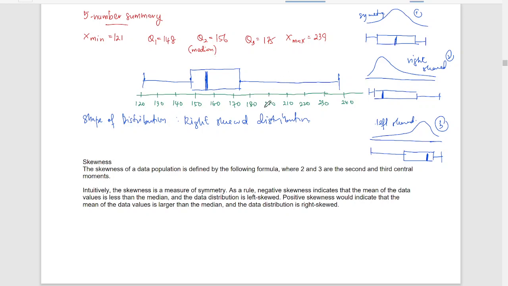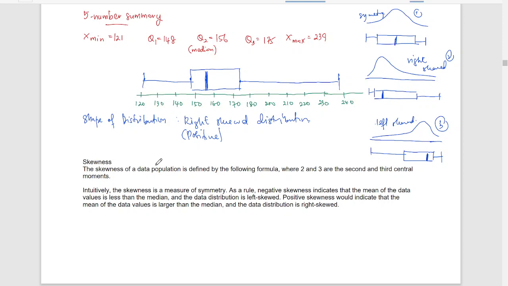And finally, you can also determine the skewness of the distribution using certain measures. Okay, so yang ni kita boleh juga panggil sebagai positive skewed. Kalau yang negatif tu left.